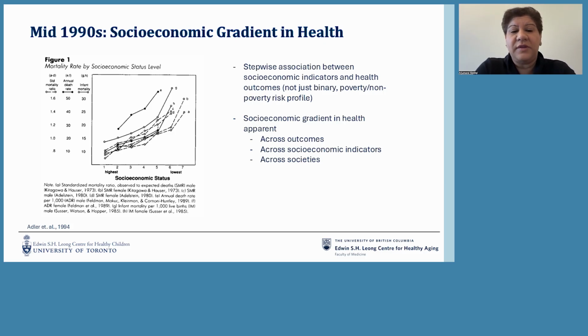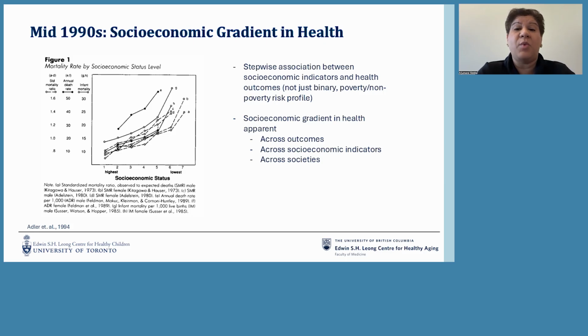And what she and her colleagues pointed out was that if you look at the swath of studies on this topic, what you generally see is a stepwise association between socioeconomic indicators like education and income and health outcomes. And in saying that, what she was saying is that the stepwise association is in contrast to, say, a binary association. So it's not just if you're in very poor circumstances that your health differs from others.